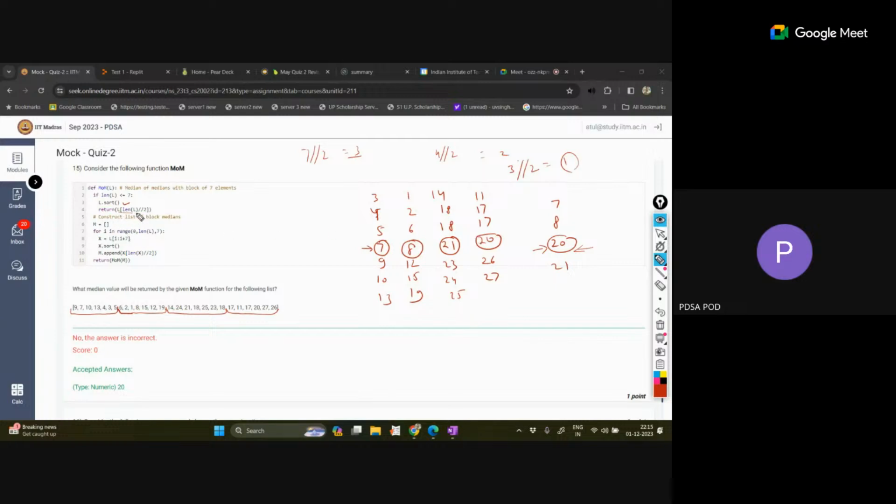Because if you see what we are checking here, if the length of L is less than or equal to 7, we sort first and return the median. It doesn't matter how many elements it contains, as long as it is less than or equal to 7. So if you have only this part, you return the median from this block also. By index 0, 1, you will return this 17 as a median. Then this will become 7. After that 7, 8, and 17 and 20, and this will be returned as the median.